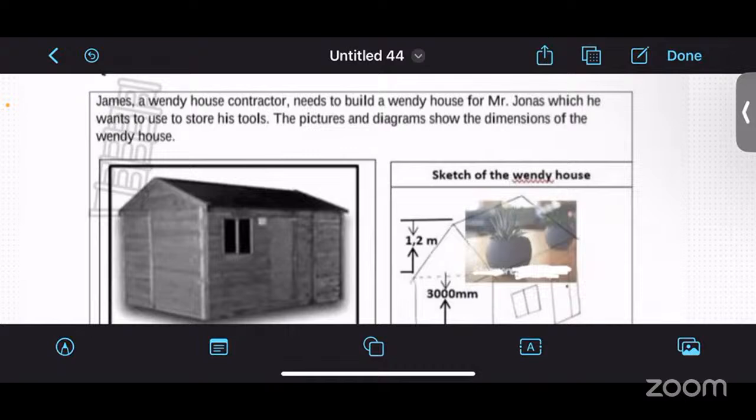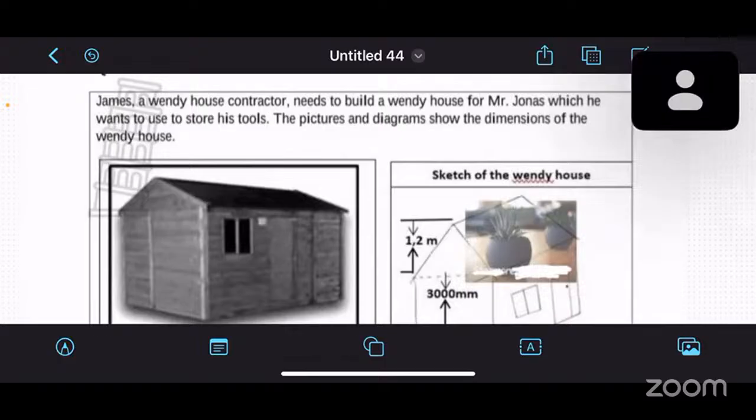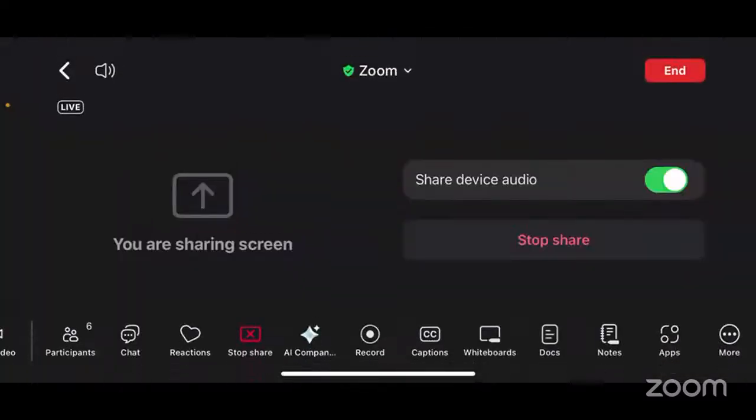So we have question two over here. They say James and Wendy character. Guys, make sure that your mic is muted all the time.